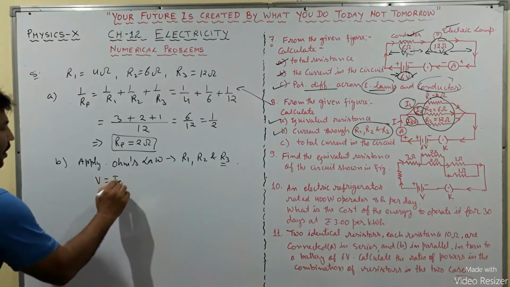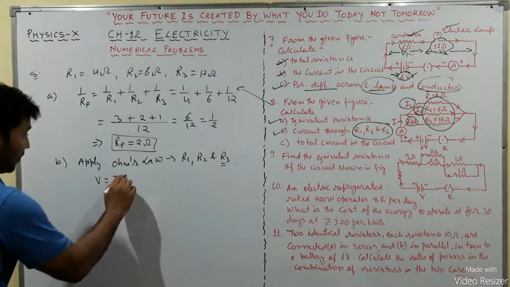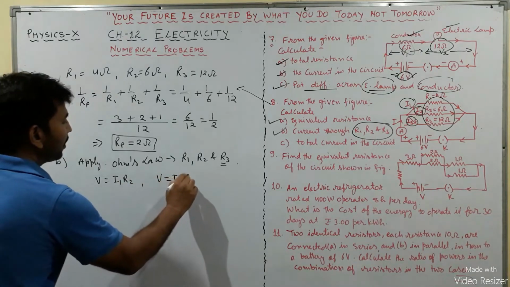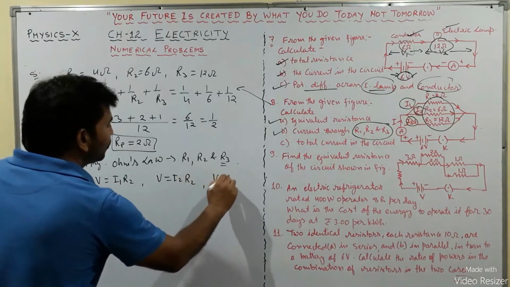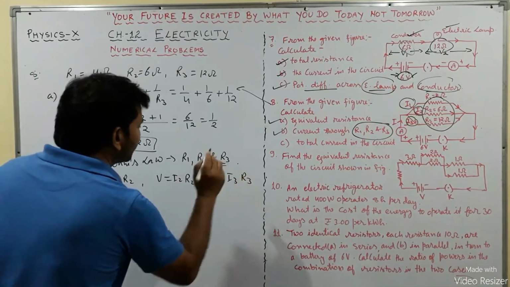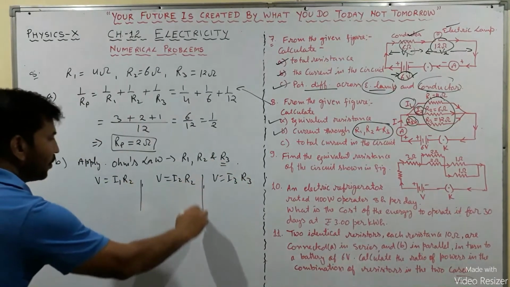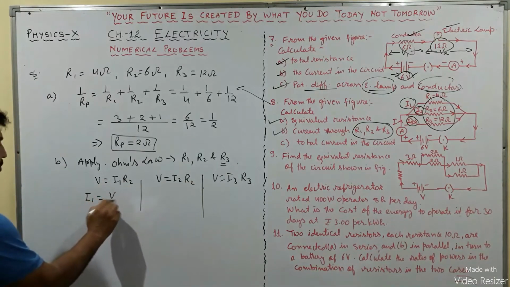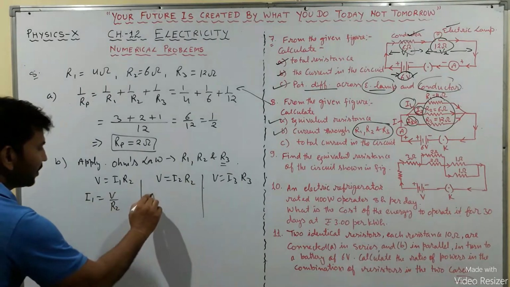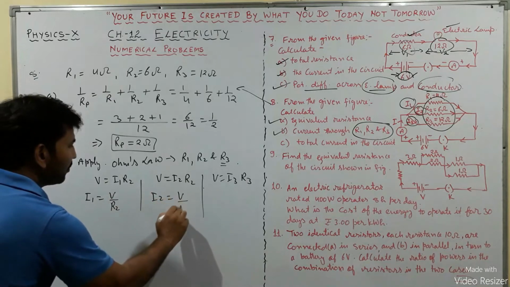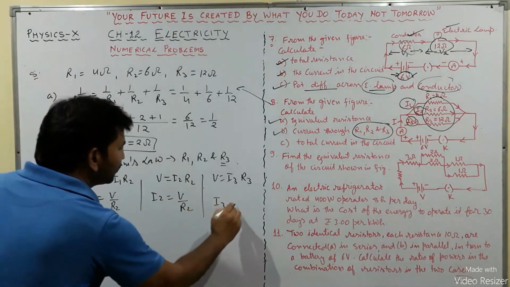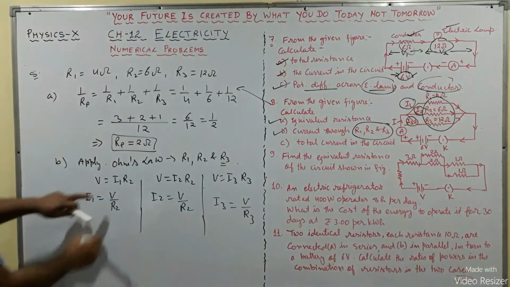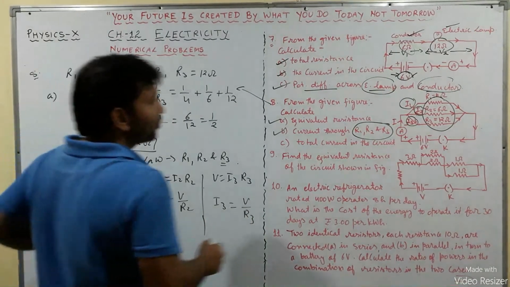V is equal to I1 R1, V is equal to I2 R2 and V is equal to I3 R3. So we can find I1 as V upon R1, I2 as V upon R2 and I3 as V upon R3 by putting the values of V and R. What is the value of V?